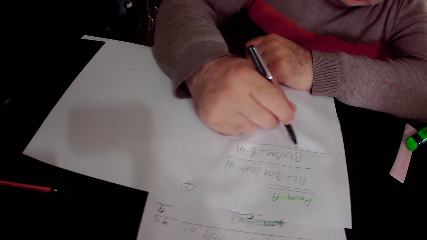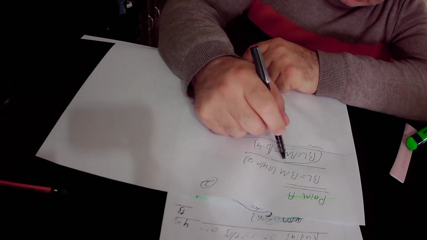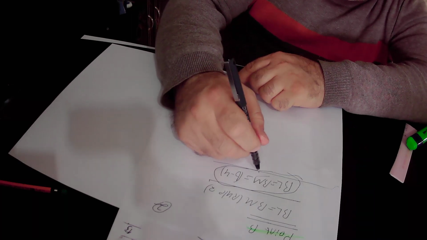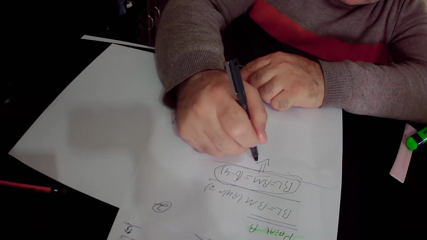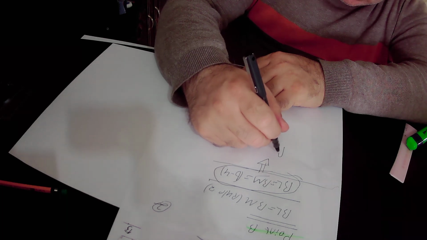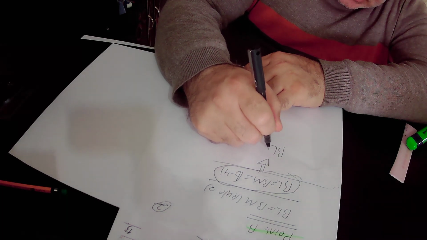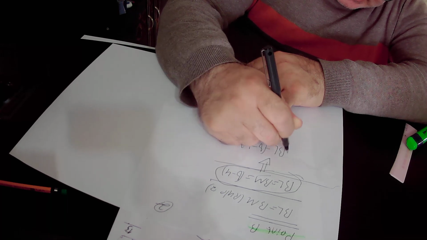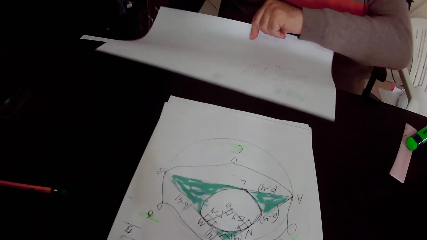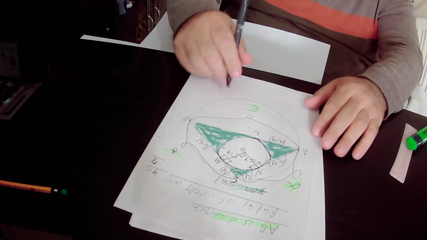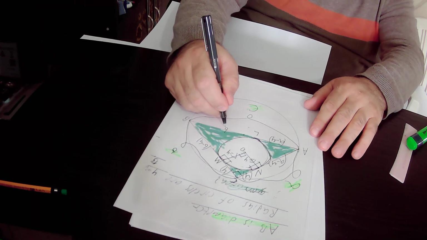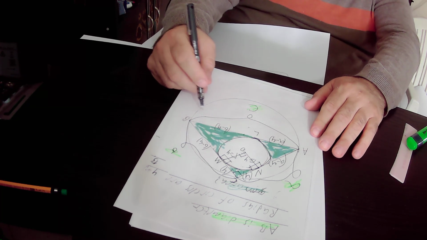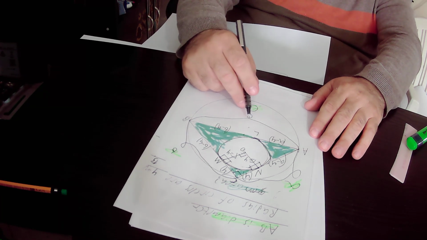And from this equation, BL equals BM equals B minus 4, we will derive that BL is also equal to B minus 4. So we can write here that BL equals B minus 4. So actually we found out that BL equals B minus 4 and AL equals A minus 4.